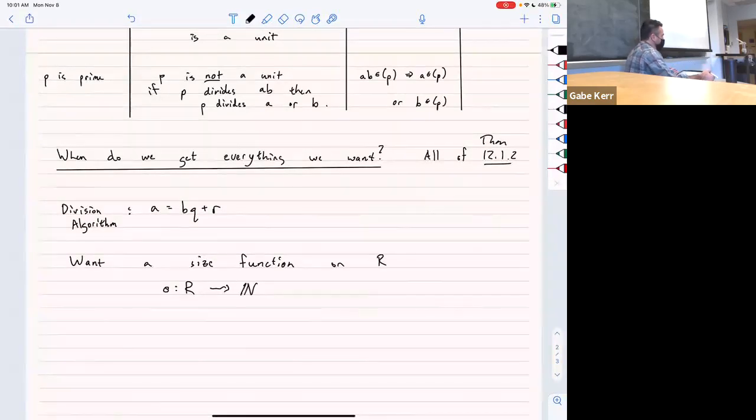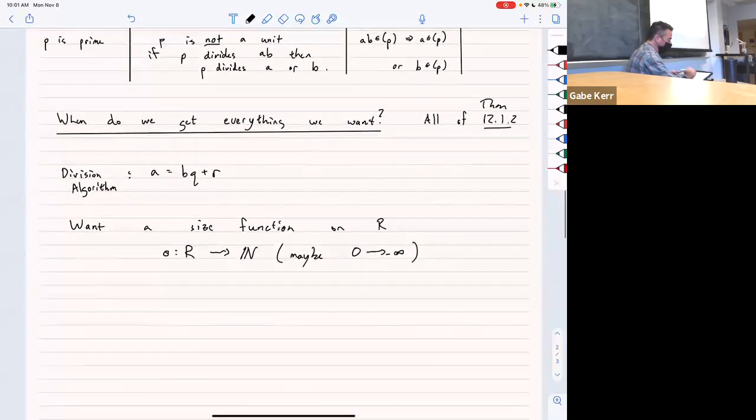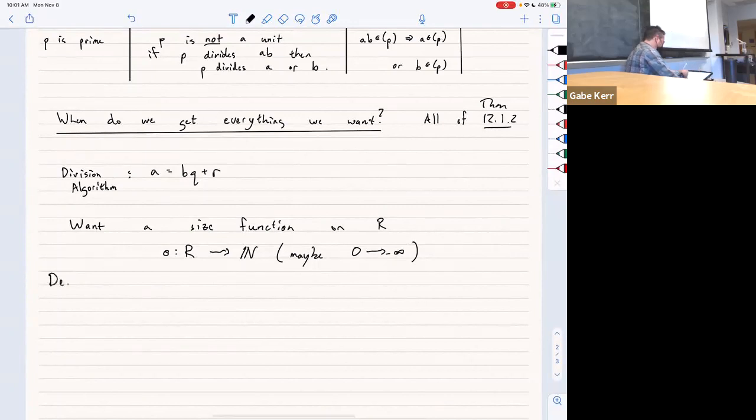Maybe you can send 0 to negative infinity or something, some artificial thing. There are all these exceptions for 0. We'll put it into the language so that we won't have to worry about it. But then we have a definition. We have the size function.